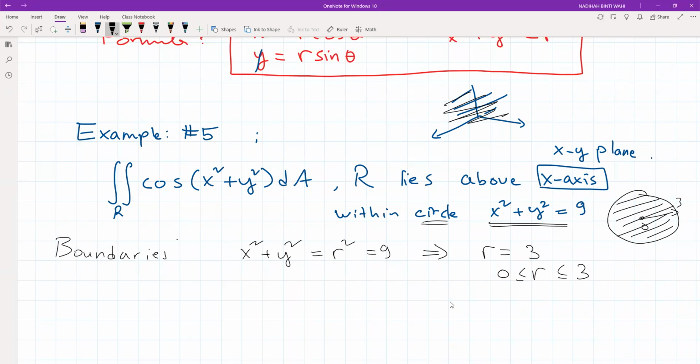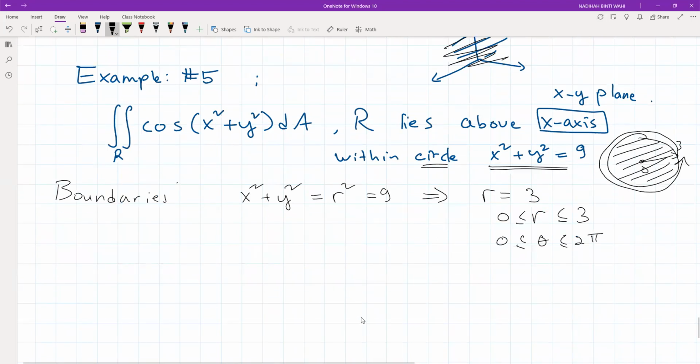And then how about theta? So this is a circle. So theta maksudnya just from 0 to 2 pi. So kalau kita convert yang ni, region R, cosine of x squared plus y squared dA.